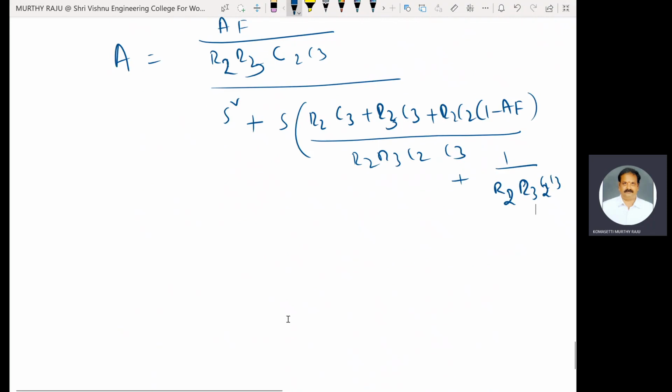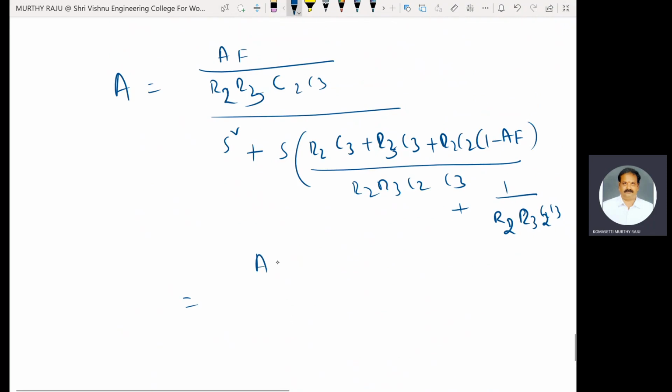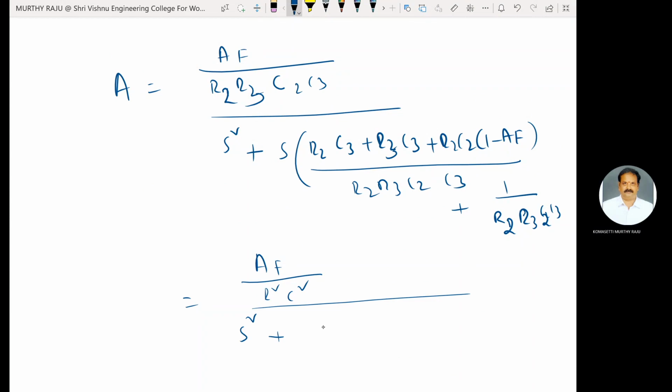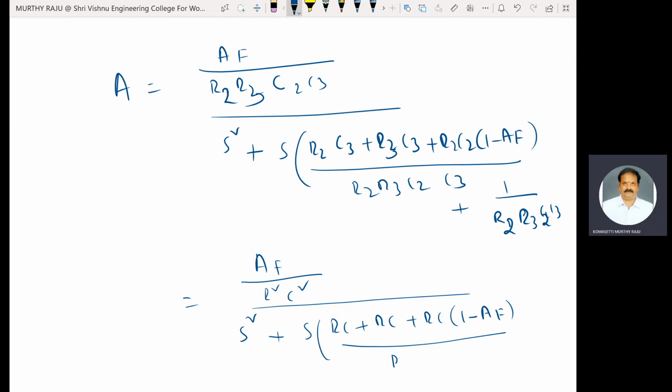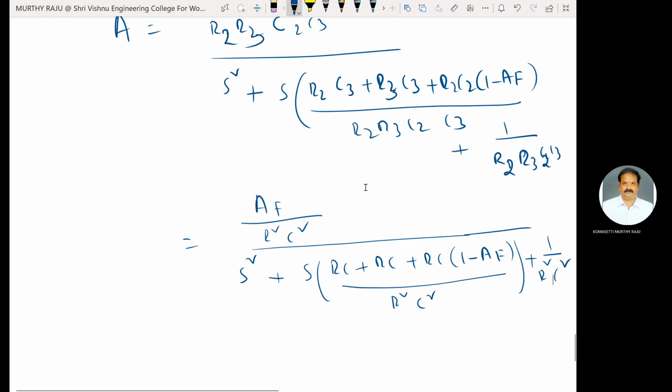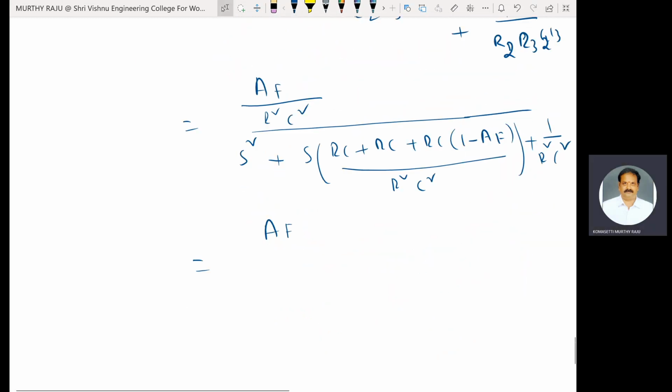Substitute these values. R2 is equal to R3 is equal to R. That is equal to AF by R square C square by S square plus S into RC plus RC plus RC into 1 minus AF by R square C square, plus 1 by R square C square.